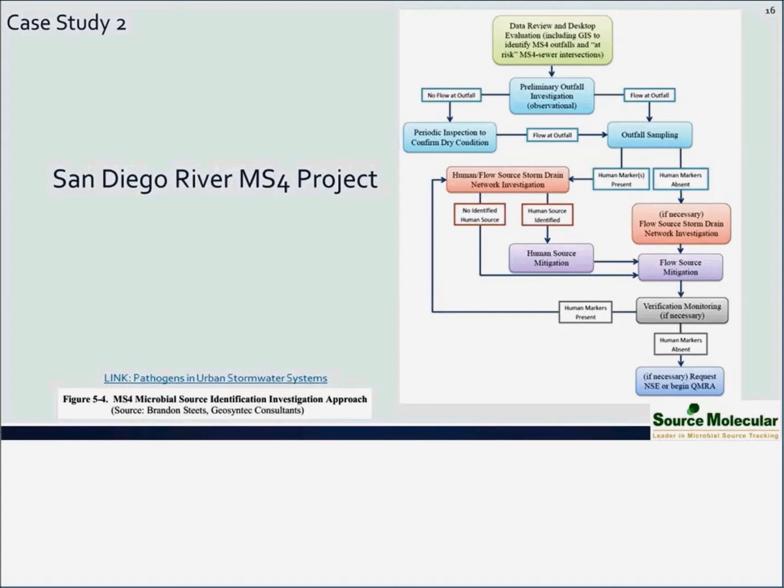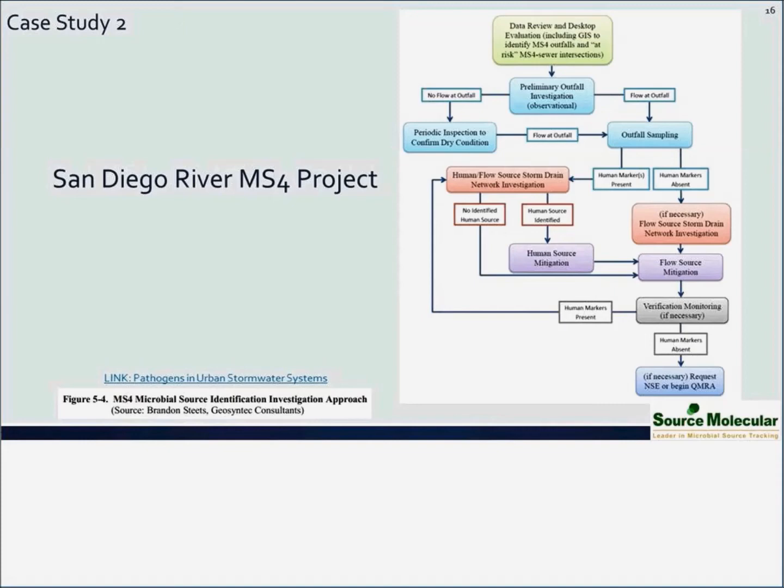And so it's a fairly complicated schematic, but it gives you an idea of sort of a process framework of applying source tracking on stormwater outfalls. And I think it's a very useful tool guiding decisions on using this method for stormwater discharge.